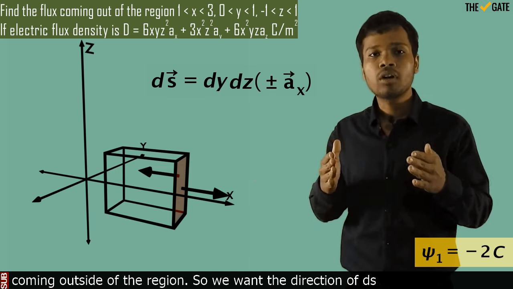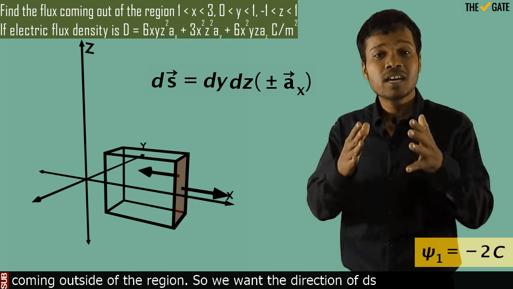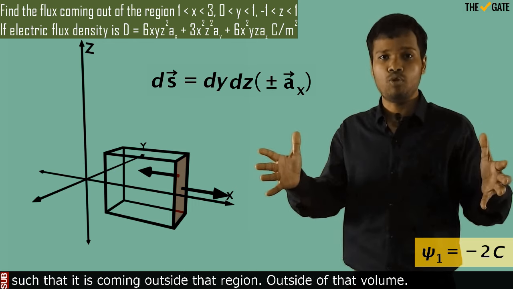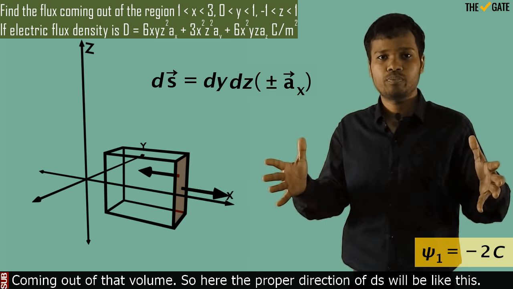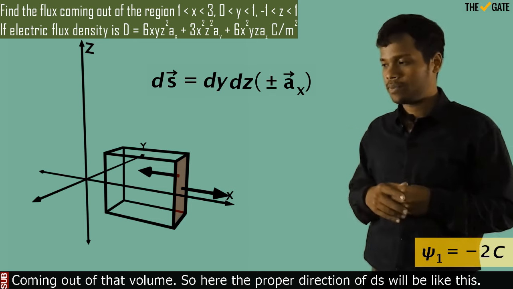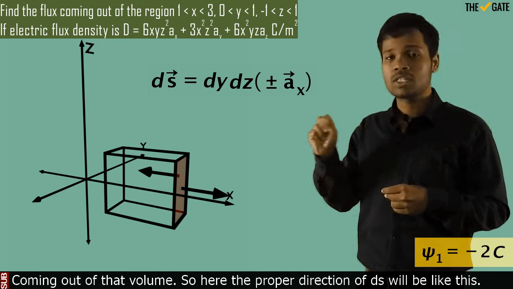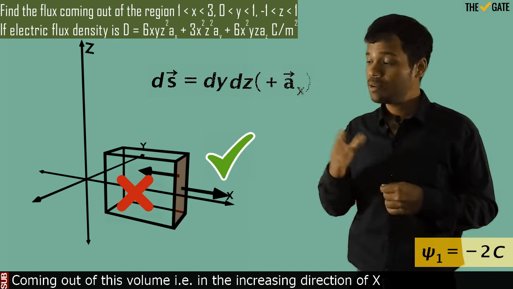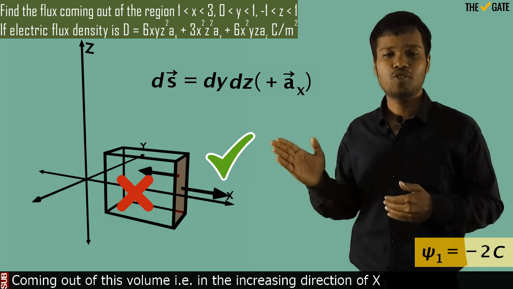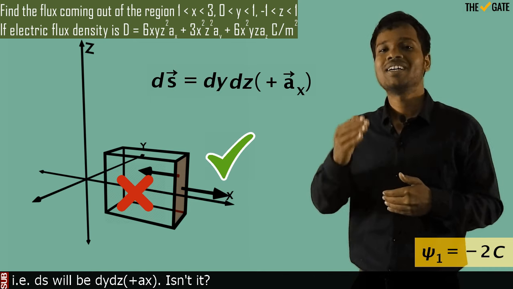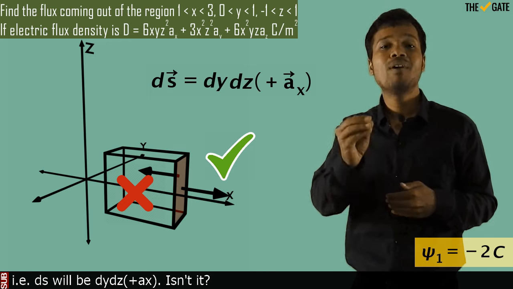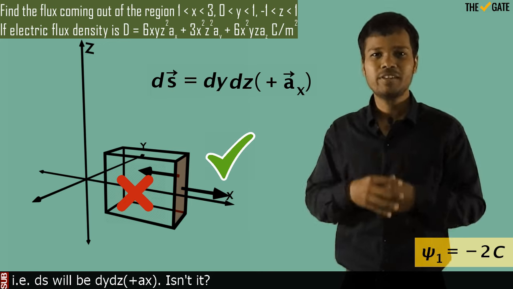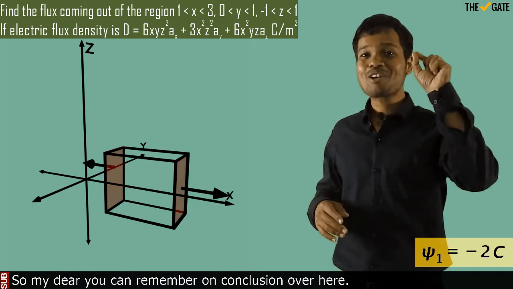So we want ds coming out of that volume. Here the proper direction of ds is coming out of this volume, that means in the increasing direction of x. That means ds will be dy dz plus ax, isn't it? So my dear, you can remember one conclusion over here.